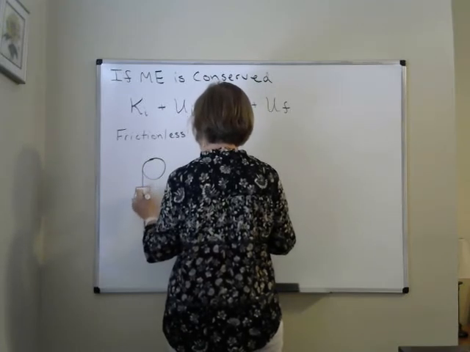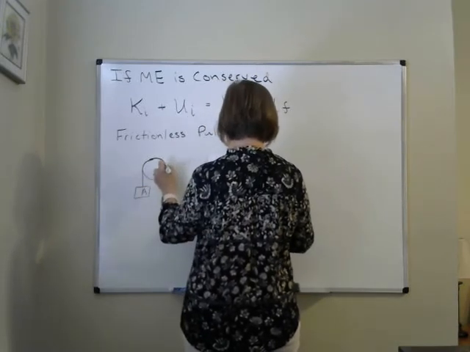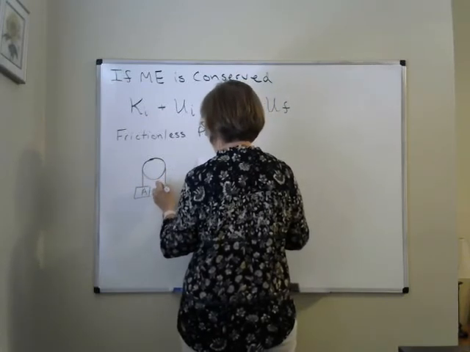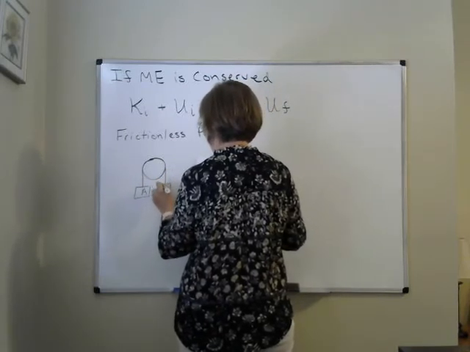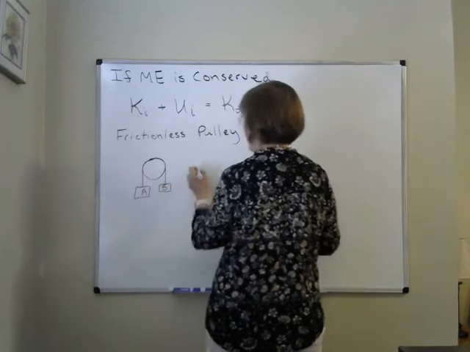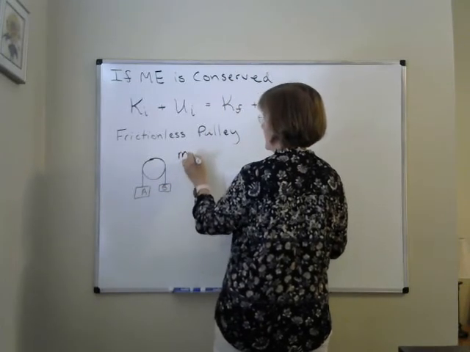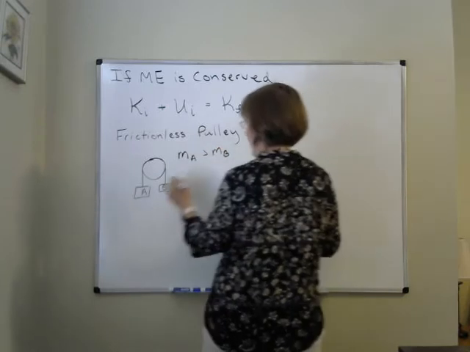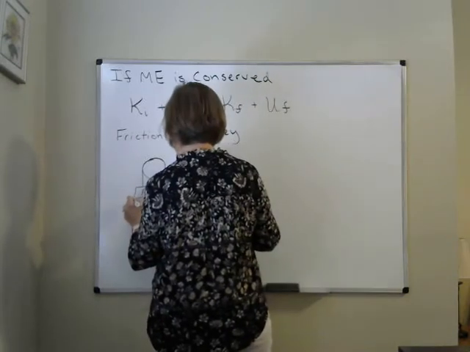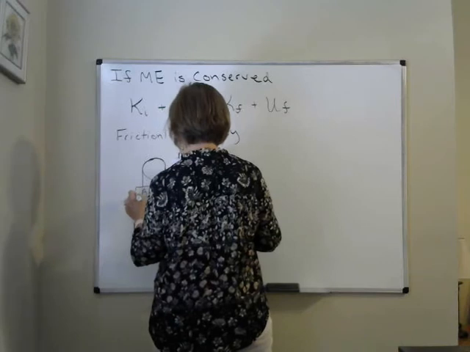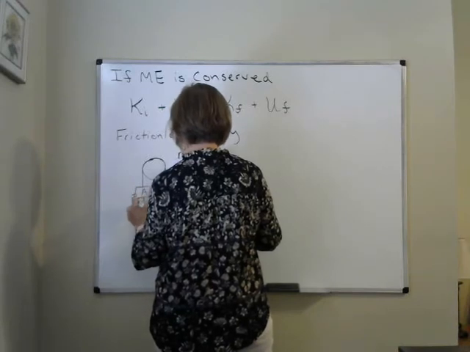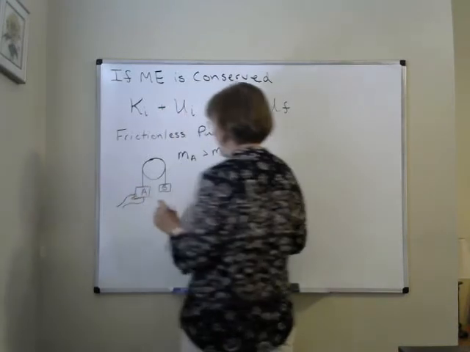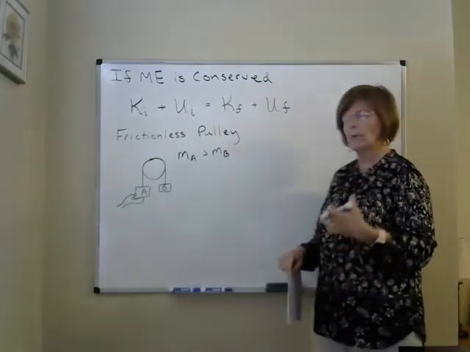There's block A, and here's block B. And they tell us that the mass of A is greater than the mass of B. Here's somebody's hand. So I'm going to draw a hand holding it. It's a terrible looking hand, but somebody's holding block A for right now.